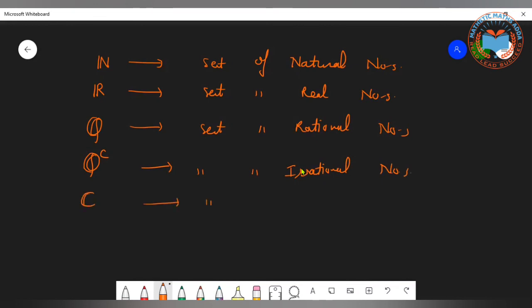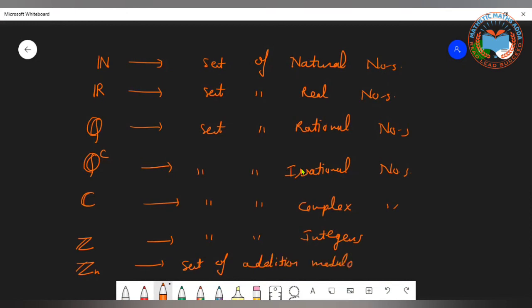C, set of complex numbers. Z, set of integers. Zn, set of addition modulo n, meaning 0, 1, 2, 3 up to n minus 1. These are some important symbols for upcoming classes of group theory.